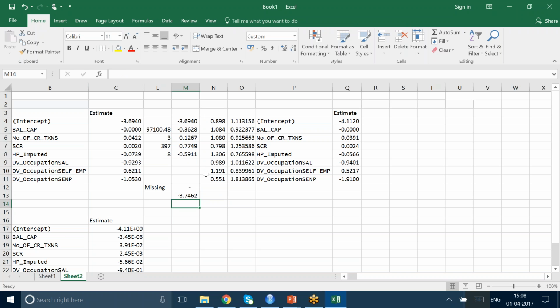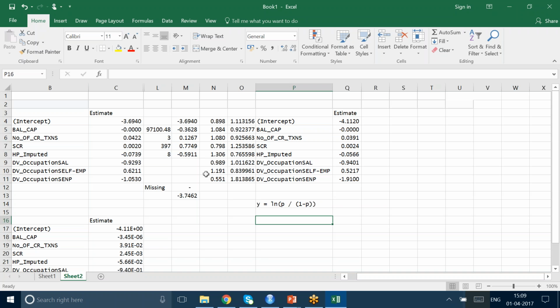Y is what? Log of p upon 1 minus p is equal to y. And when we solve this equation, what do we get? Y is equal to ln of p divided by 1 minus p.